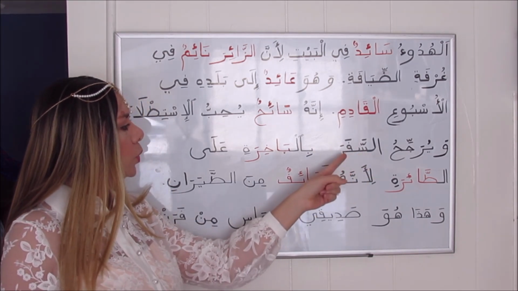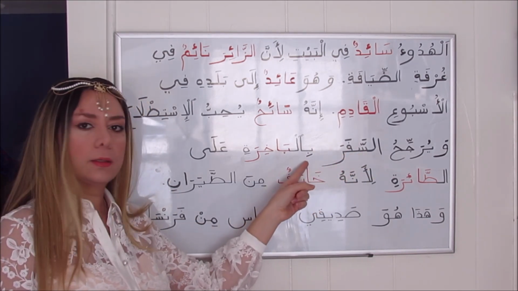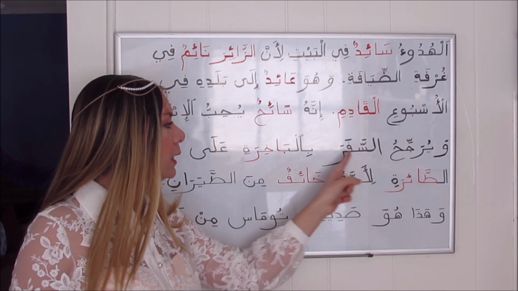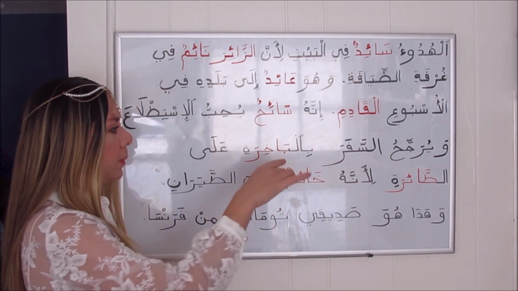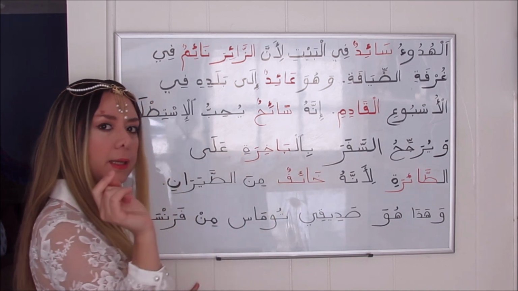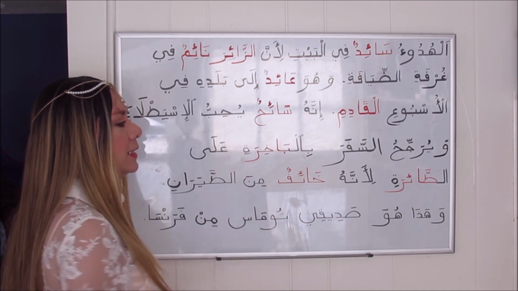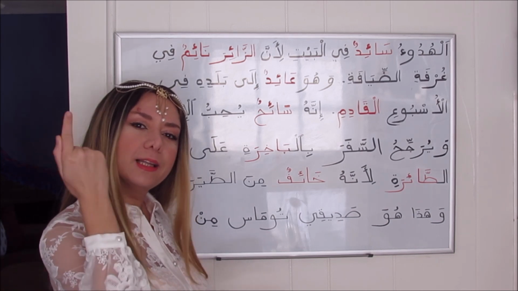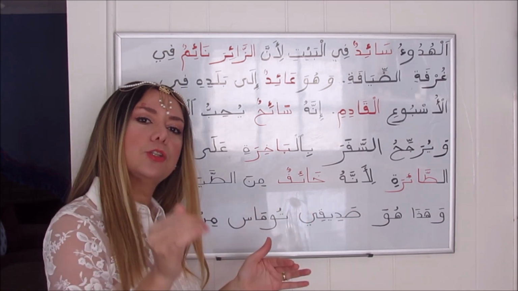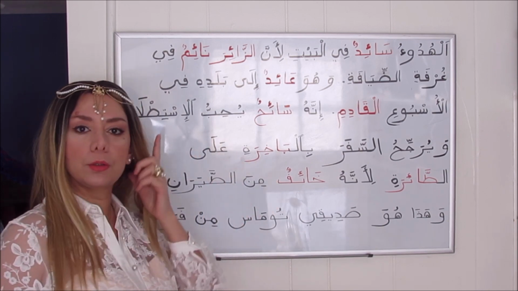So ويرجح السفر ب, he prefers traveling by B. By is represented by B. Since a preposition that is just a single letter is attached to the following word.